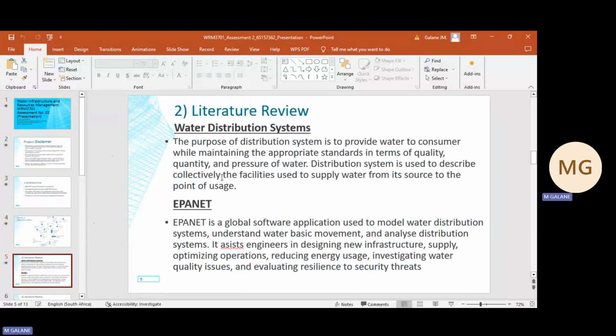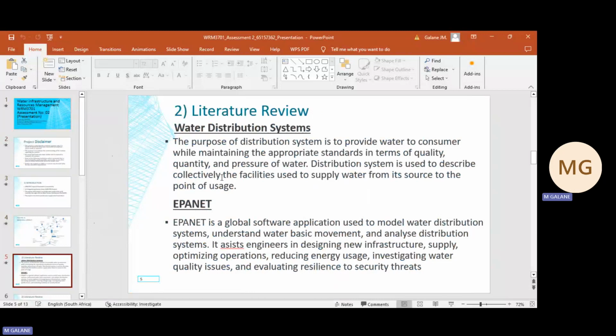In this network system, we used EPANET. EPANET is a global software. It is free to use, and it's mainly used to model and analyze water distribution systems.